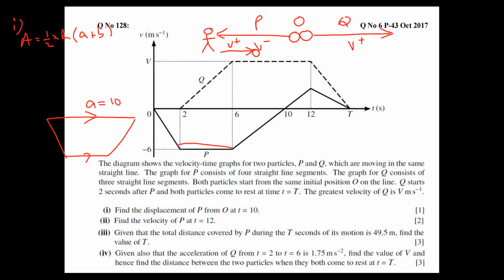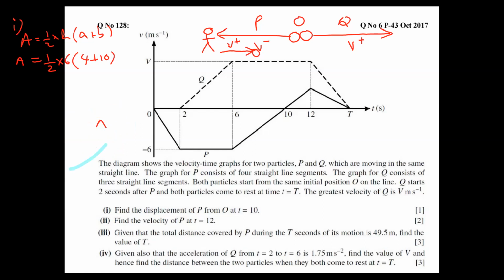One is b, which is 6 minus 2, becomes 4. The gap between the two parallel sides is 6. Don't take the negative sign, only 6. So the height is 6. I plug in half times 6 times (4 plus 10). This becomes 3 times 14, which is 42 meters.